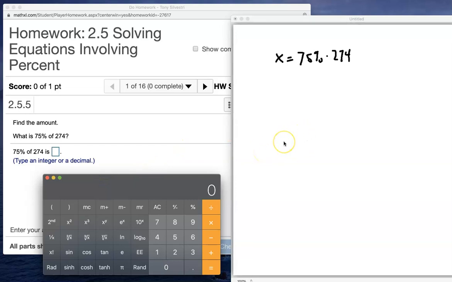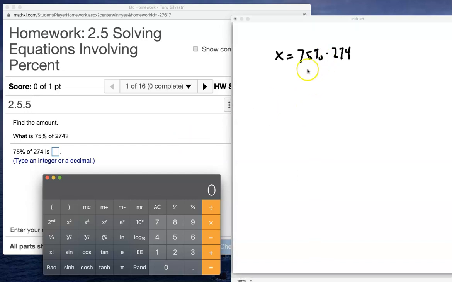And so what do we do? Well, here's what you do. Now, some calculators have percent signs built into them. A lot of people don't enter the percent sign correctly in their calculator, so I'm not going to assume that you have a calculator that does this. We can't do math with percentages.